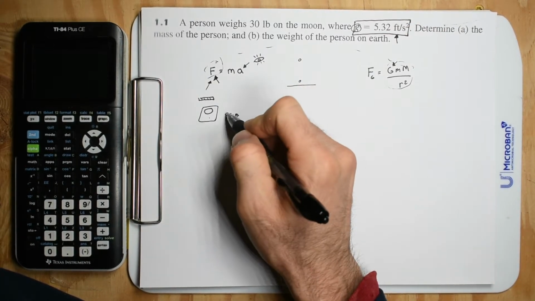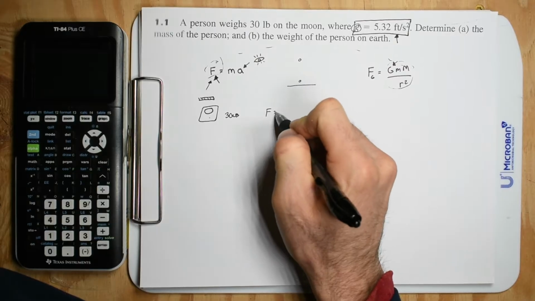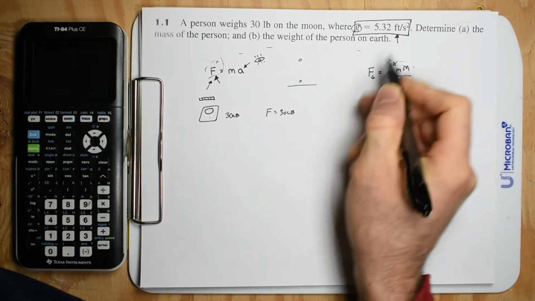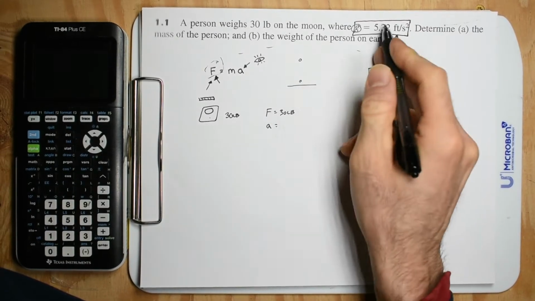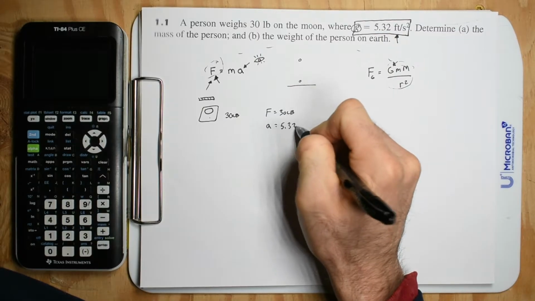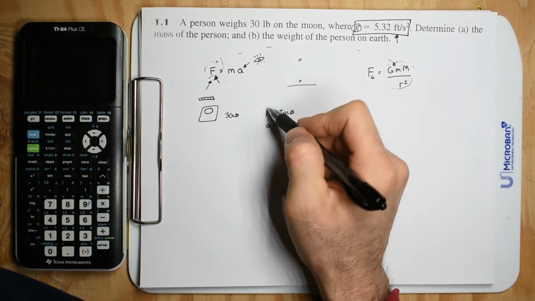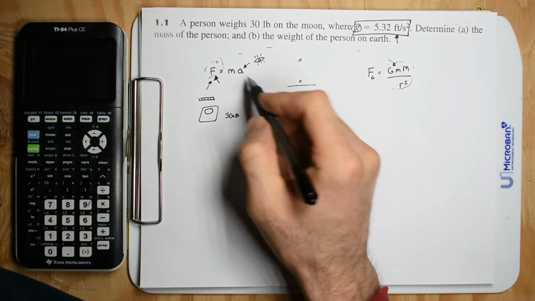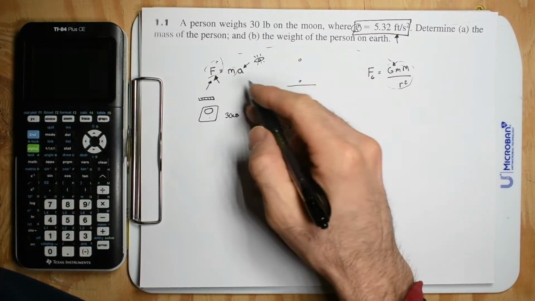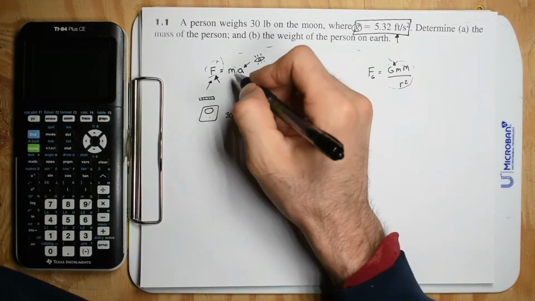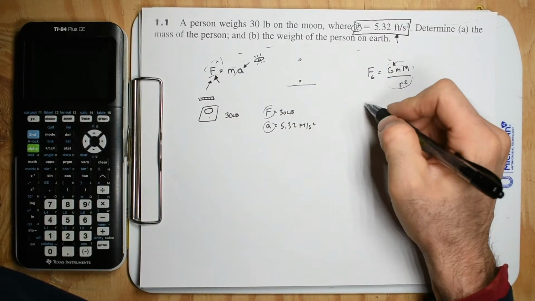Okay, so now we know the force is 30 pounds. The acceleration is 5.32 feet per second squared. Well, guess what? We have two knowns and one unknown. It's the mass. So how do you want to do this? Do you want to rearrange this equation? Let's do that.